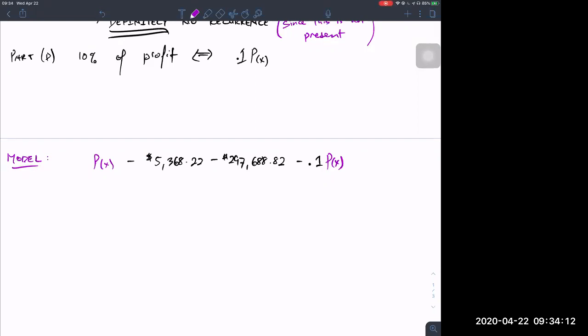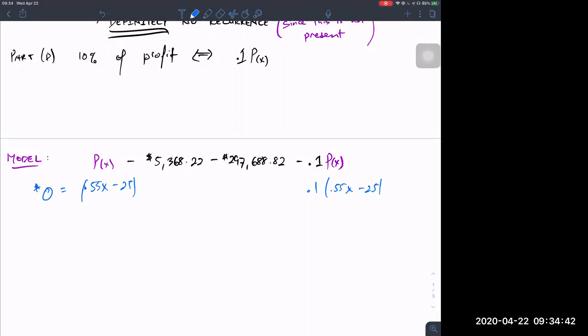Now, the question was, how did we get 0.9? By the way, before I move on, don't write this down, but if you had written out the whole 0.5x minus 25, and then wrote this 0.1 times 0.55x minus 25, and you had written them all out, distributed everything correctly, as well as making sure that your plus and minus signs are correct when you're solving for the break even, setting this equal to $0, you would have gotten the answer absolutely correct.